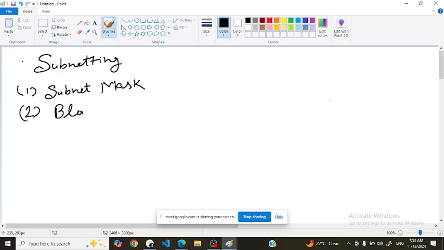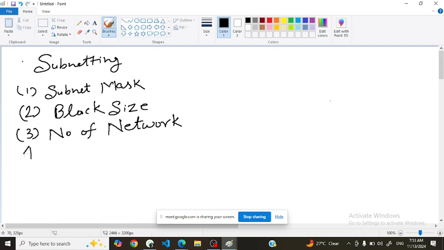The third one is number of networks. The fourth one is number of hosts. You can calculate all the number of hosts or you can calculate the number of hosts per network.